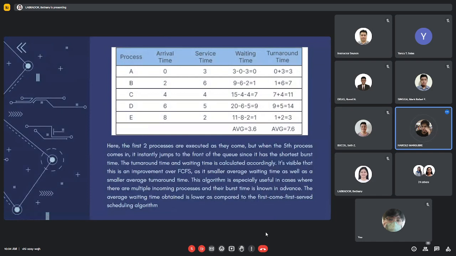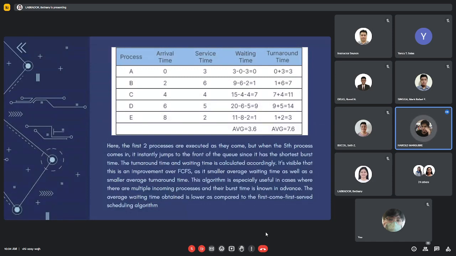So here the first two processes are executed as they come, but when the fifth process comes in, it instantly jumps to the front of the queue since it has the shortest burst time. The turnaround time and waiting time are calculated accordingly.